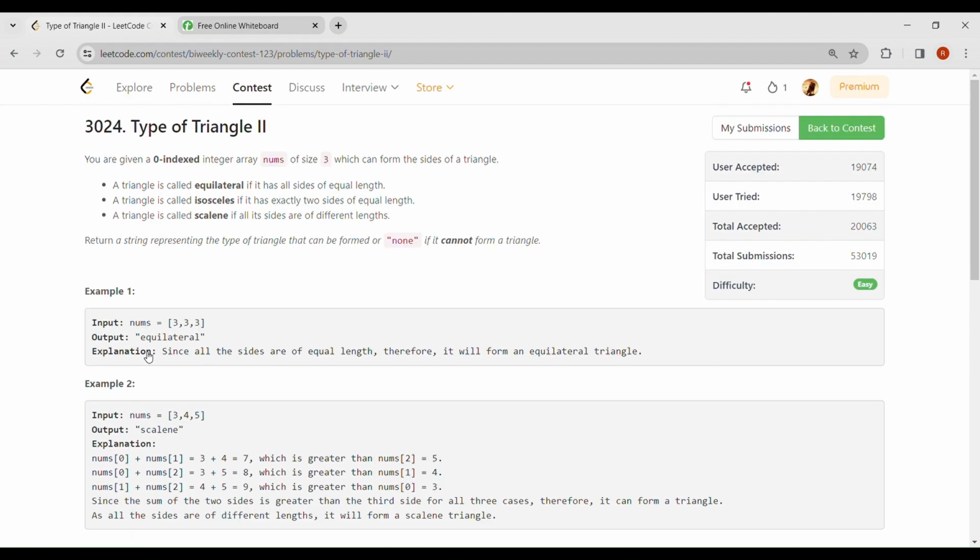So sorry. Type of triangle two in these questions: you should know that there is one condition.